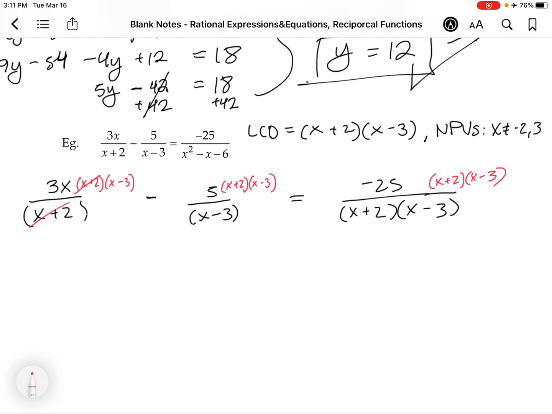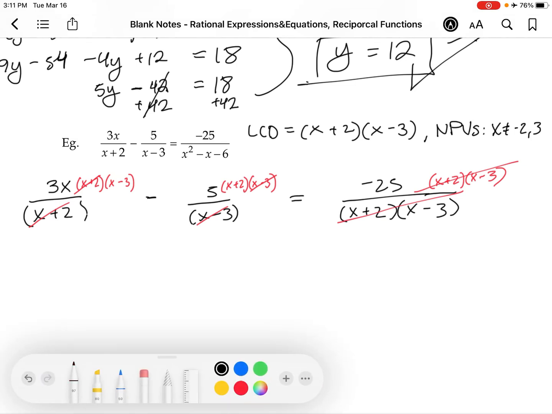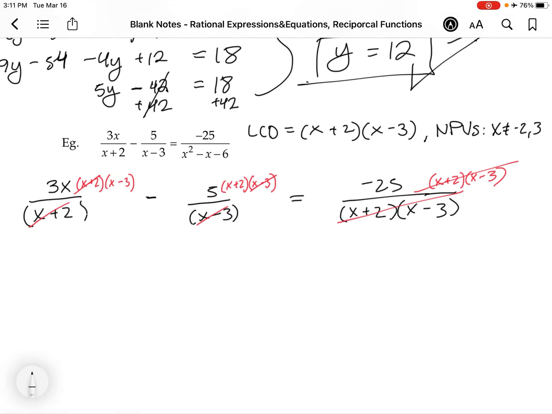So here I can cancel the x plus 2's, here I can cancel the x minus 3's, and here I can cancel everything. And if I take a look at what I have left, I've now transformed this into a different type of equation. I have 3x times x minus 3 minus 5 times x plus 2 equals negative 25.